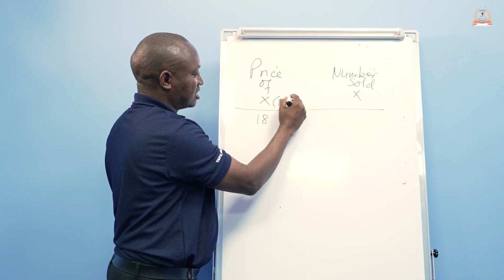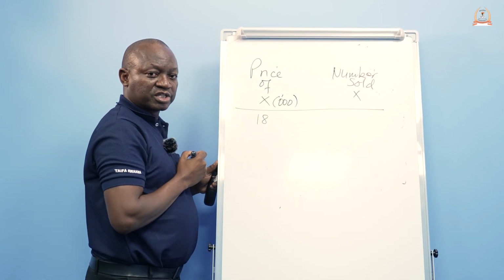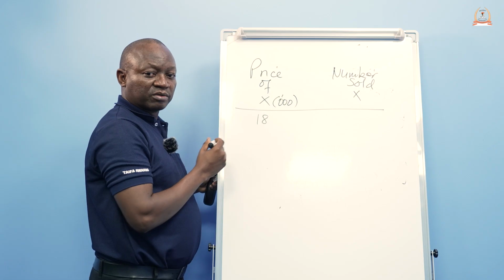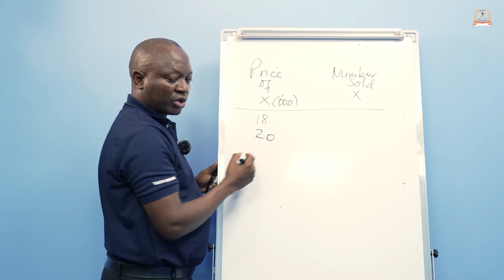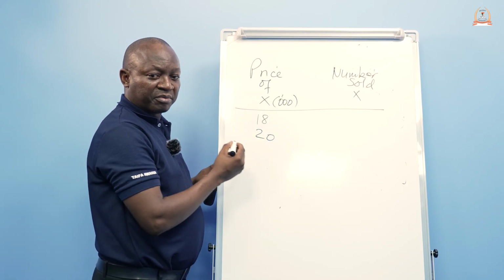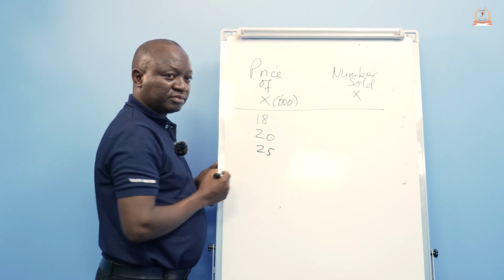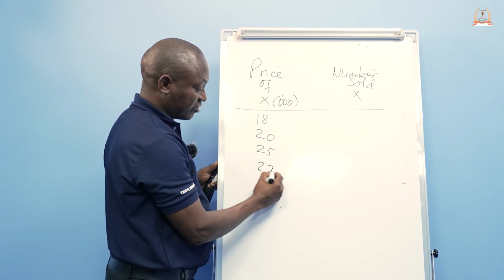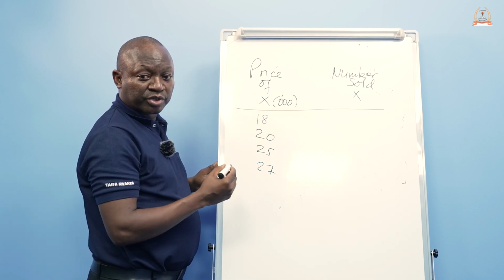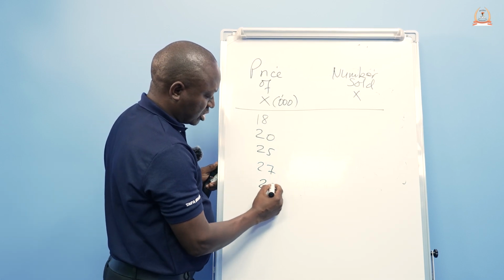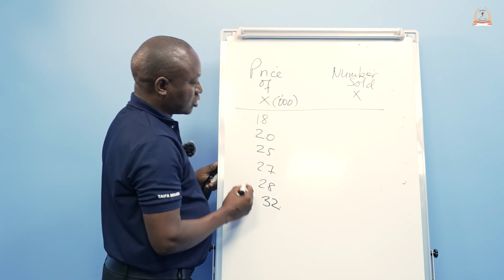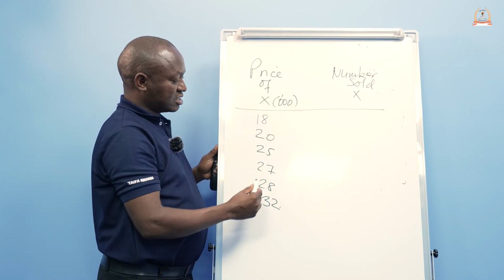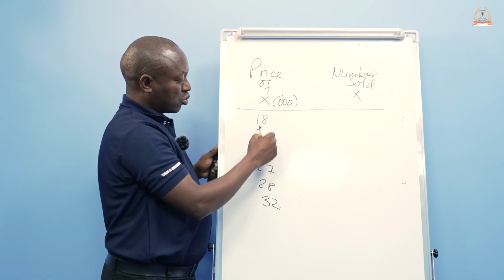Maybe this price is in 1,000 shillings. So we have 18, 20, maybe 25, 27, and maybe 28 and 32. This is a hypothetical example. So these are the prices of goodie X.